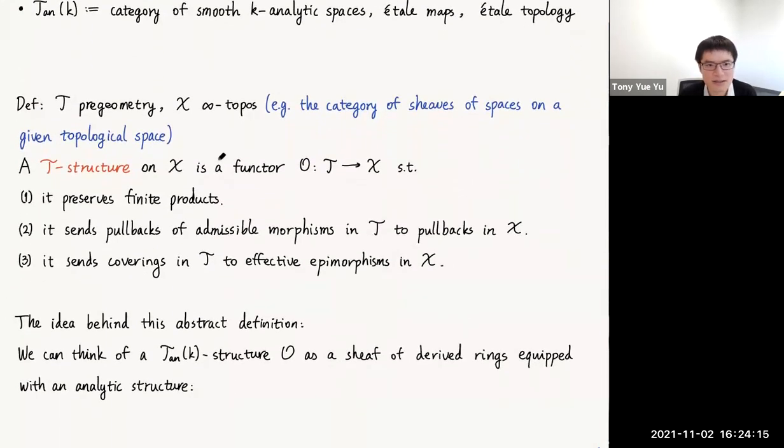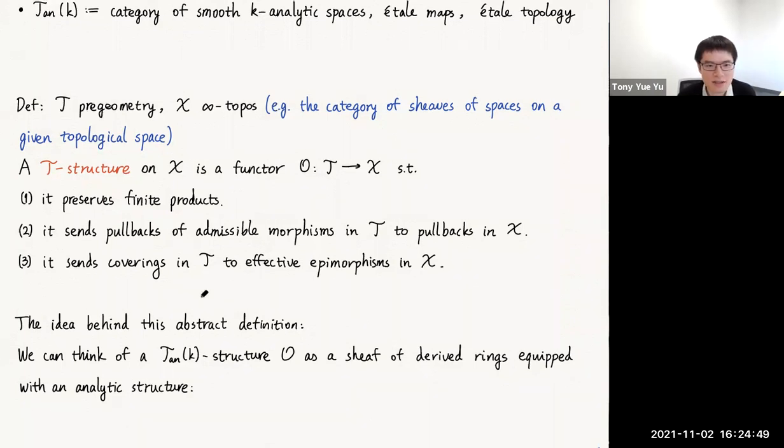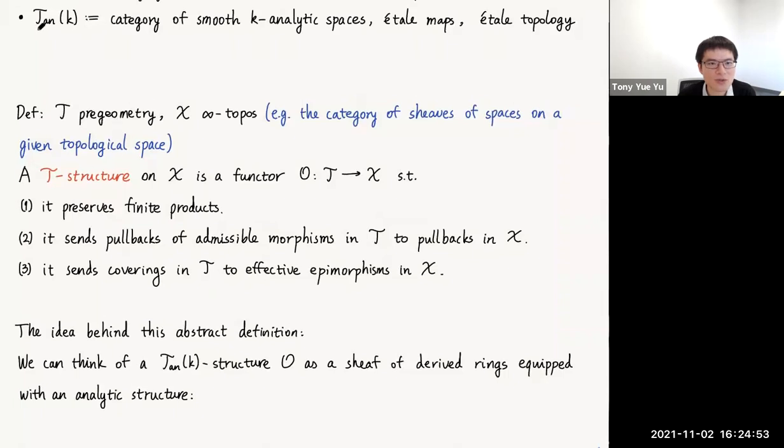When we have a pregeometry T and an infinity topos X, which we think of as the category of sheaves on some topological space, then we can think of a T-structure as some kind of sheaf of derived rings with additional structure coming from the underlying pregeometry T. So in the case when we apply the definition to this pregeometry of analytic geometry, we can just think of a T_an(K)-structure O as a sheaf of derived rings equipped with an analytic structure. And that's exactly what we wanted from the beginning.